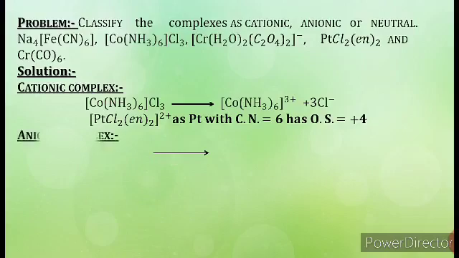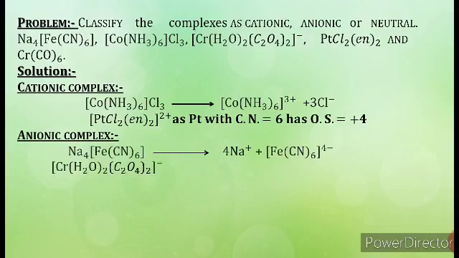Then we will discuss the anionic complexes. The first example is sodium hexacyanoferrate. When you dissolve it in water, it ionizes as sodium ion and hexacyanoferrate ion. So the hexacyanoferrate ion contains a negative charge on the coordination sphere, so it is a negative charge complex or anionic complex. Similarly the second and third examples, dioxalato chromium(III) ion.